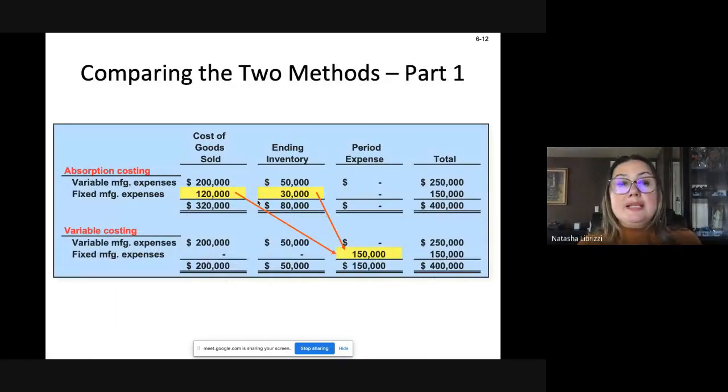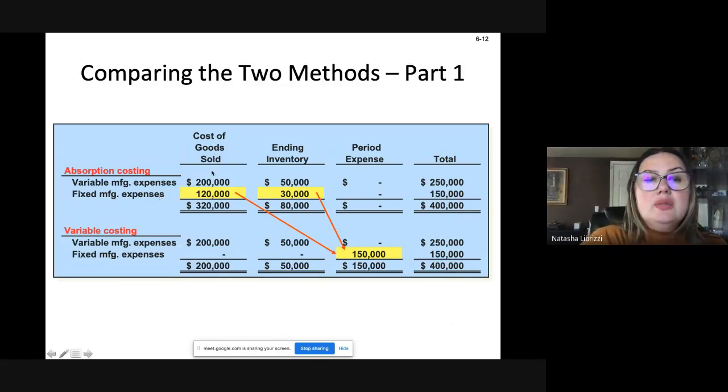Whatever we sold is cost of goods sold, and it's going to go to the income statement. Whatever we have left is going to be ending inventory. And as you remember, we have 5,000 units sitting in ending inventory.